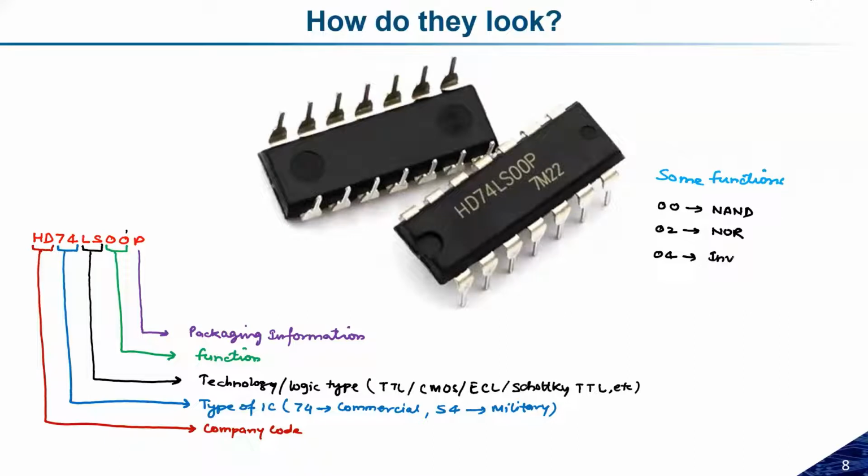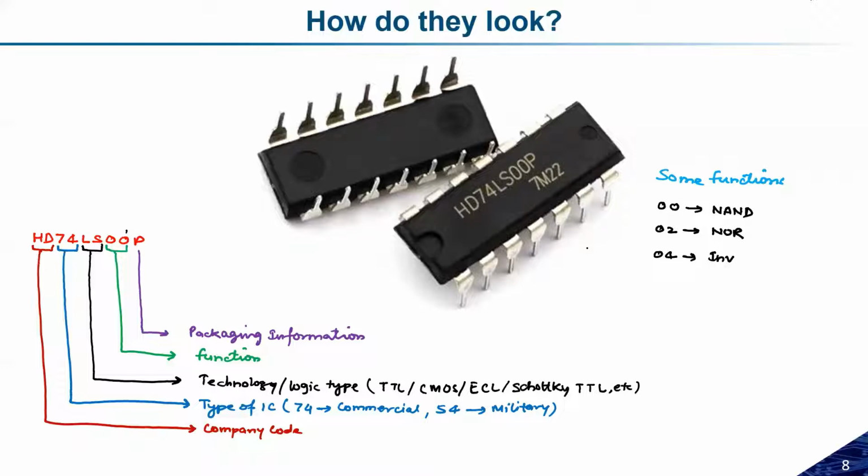See here, currently we have 14 pins in this IC. I just told you 2 pins are required for the supply, one for supply and the second for ground. So in total we are left with 12 pins. Suppose I have to make a 2 input NAND gate or NOR gate. So 2 pins are required for the input and 1 pin for the output.